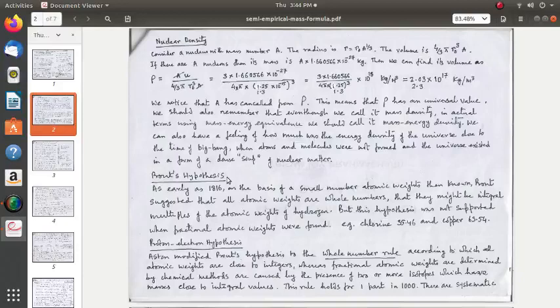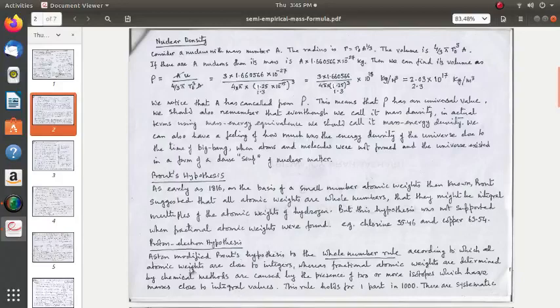At the time, the existence of isotopes was not known, so these fractional atomic weights were found by chemical ways of determining. So Prout's hypothesis, which was very close to the truth, was not supported for the next 100 years.